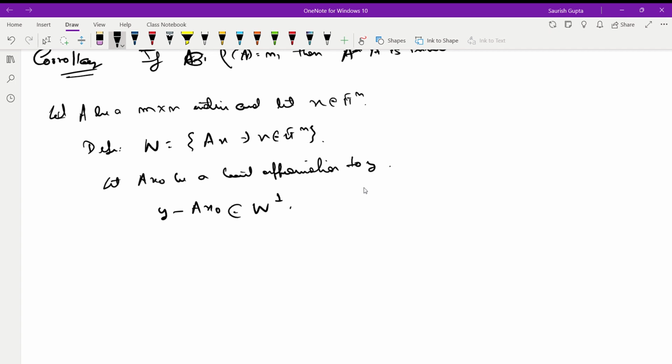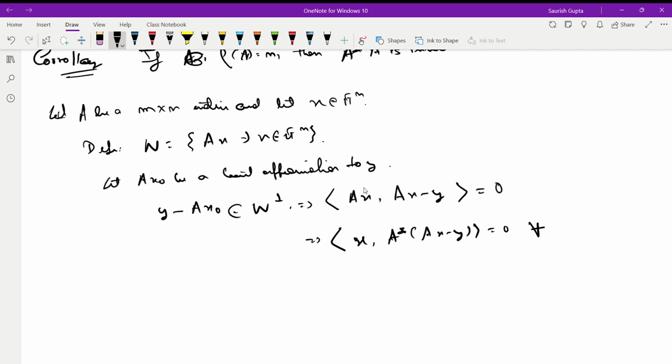So it must be an element in the orthogonal complement of W. This means that if I choose any vector from W, say of the form Ax, then the inner product of Ax with Ax naught minus Y should be 0. I can talk about it as x times A star (Ax naught minus Y) being 0.